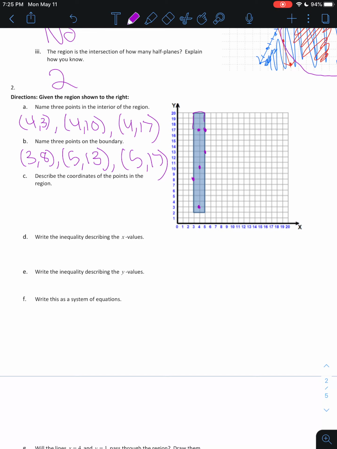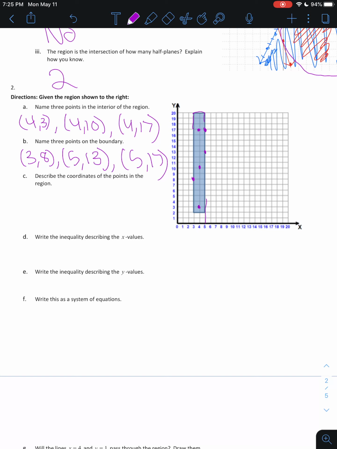And describe the coordinates of the points in the region. Basically, what we're thinking about here is how would you describe the points? So we notice that all the points are less than x equals 5, or less than or equal to, right?